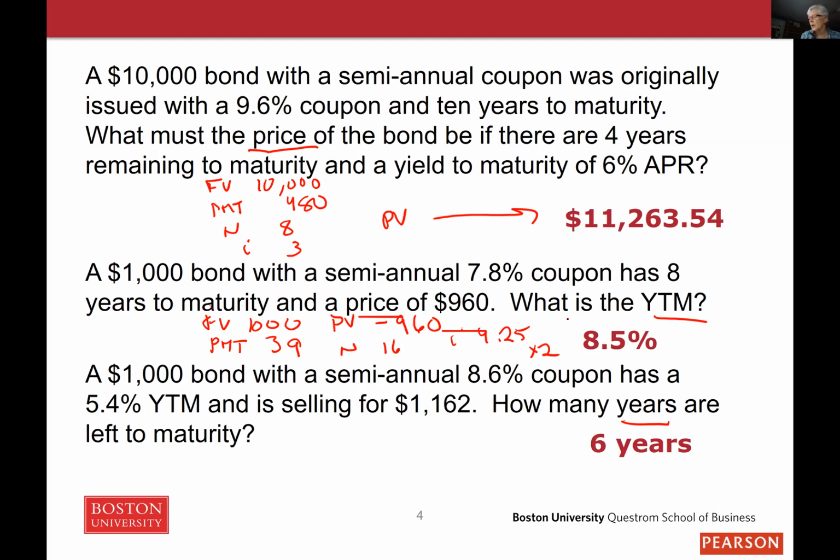And for the last one, and this last one is the one that I think I've gotten the most emails about this kind of problem in this overall sort of genre. Face value is 1,000. Coupon, the payment is 43. I is 2.7.